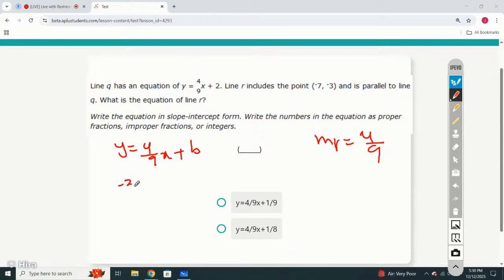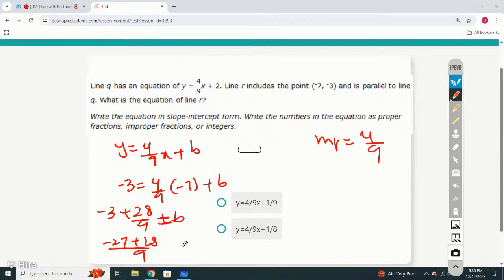So -3 is equal to 4/9 times -7 plus b. That is -3 plus 28/9 is b, so -27/9 plus 28/9 is equal to b. That is 1/9. So b is equal to 1/9.